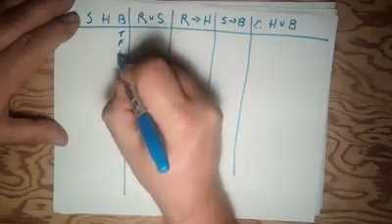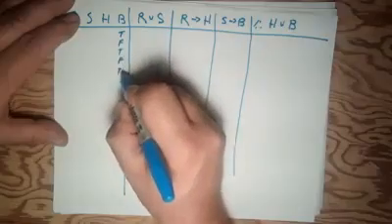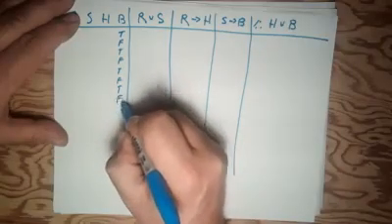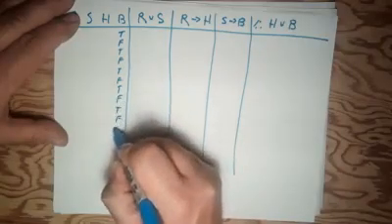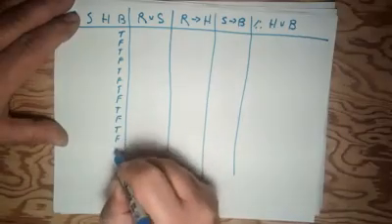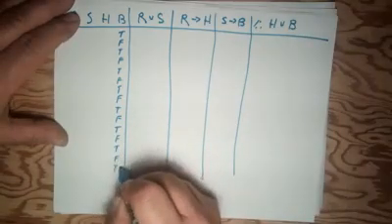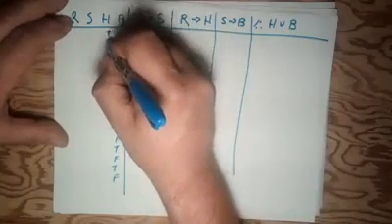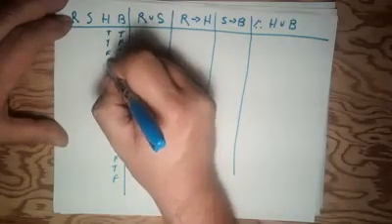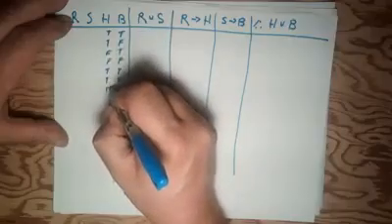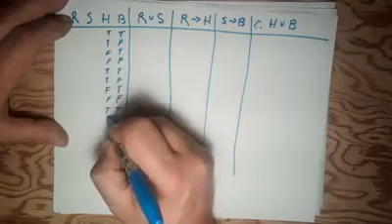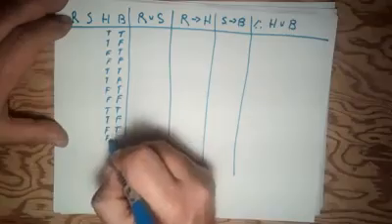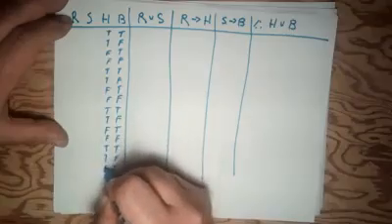True, false, that's 4, true, false, 8, true, false, 12, 16. Then we do double true, double false, double true, double false, double true, double false, double true, double false.